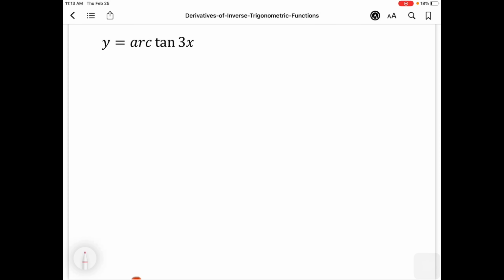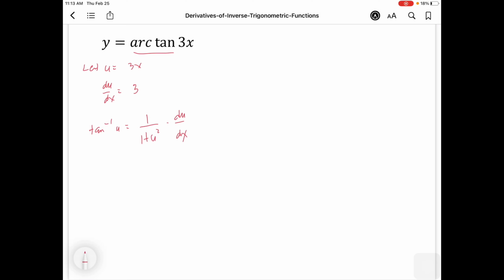Example natin dito is we have here y is equal to arc tan 3x. So magkakaroon tayo dito ng let u is equal to 3x. Then yung du over dx natin is equal to 3. Then since the given natin is arc tan, so gagamit tayo ngayon ng tan to the negative 1 u is equal to 1 over 1 plus u squared times du over dx.